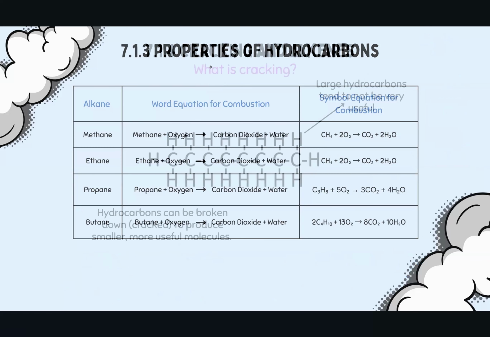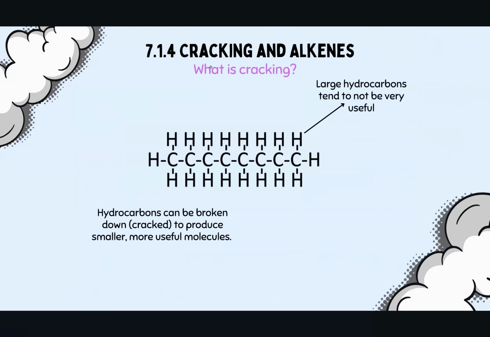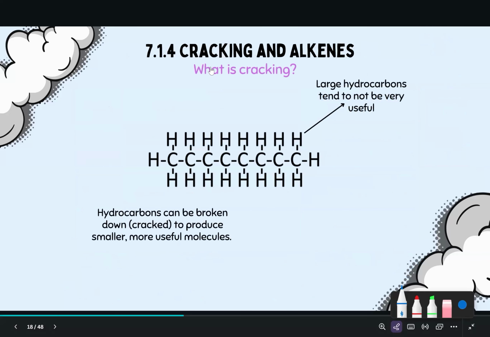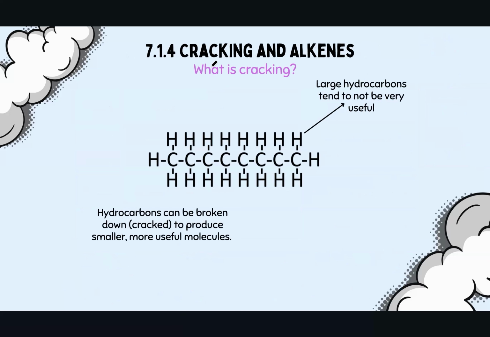Let's continue. Okay, cracking and alkenes. So what is cracking? So large hydrocarbons tend to not be very useful. So cracking is taking a hydrocarbon and breaking it down. That's what I mean by cracked. So hydrocarbons can be broken down, cracked, to produce smaller, more useful molecules.